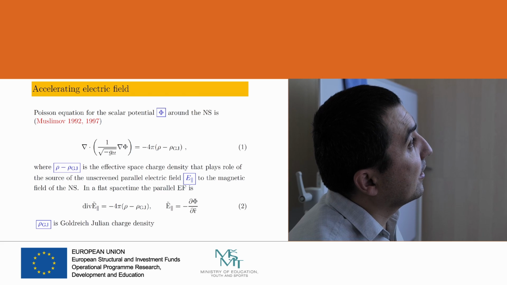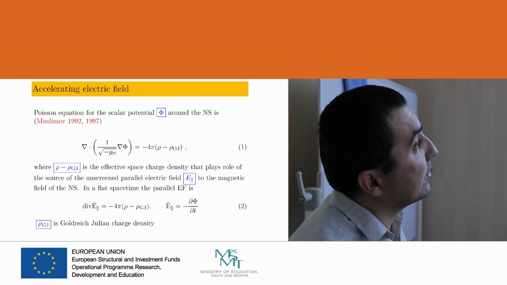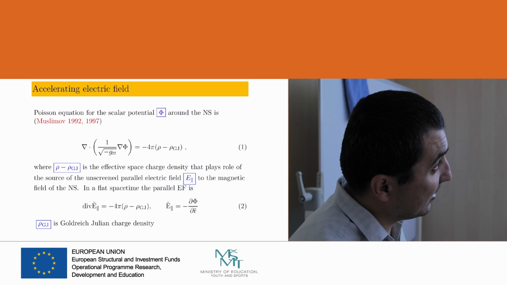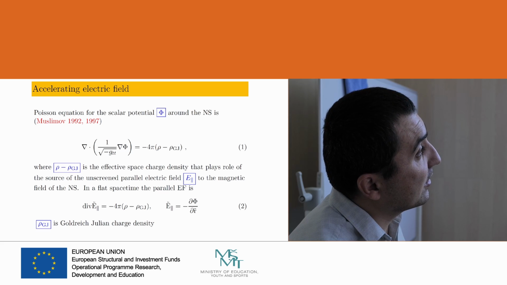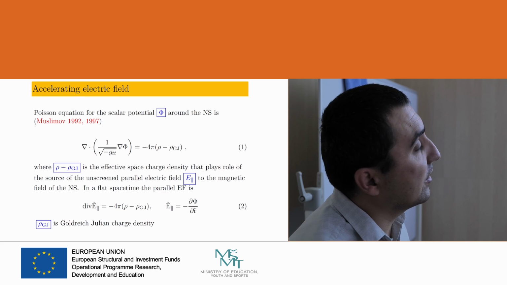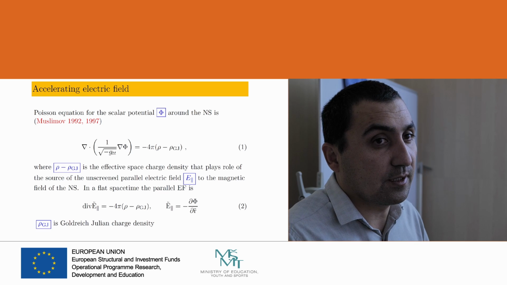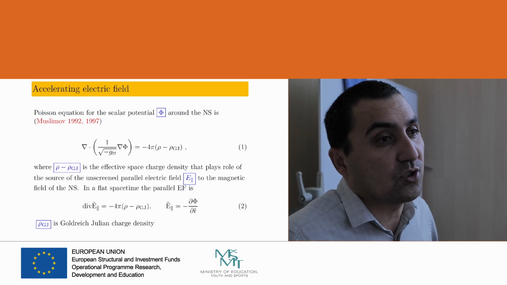So here this is the specific effective charge density, and this is the Goldreich-Julian charge density, which is the source of the induced electric field purely, not including the space charge.